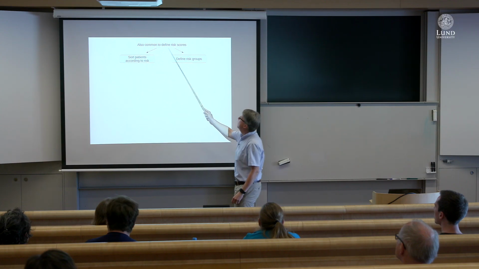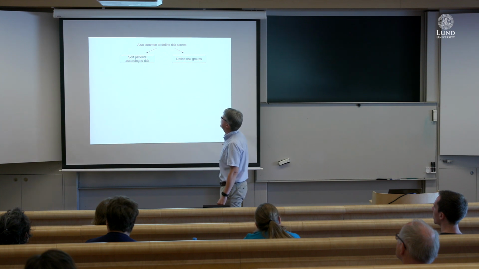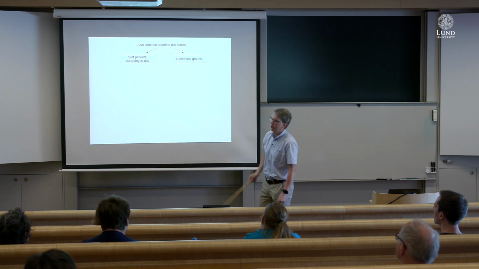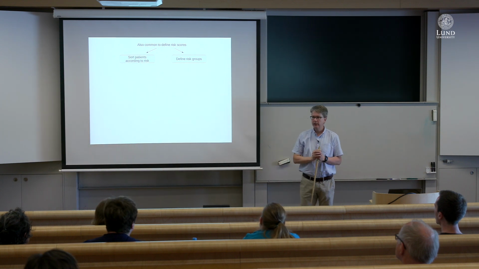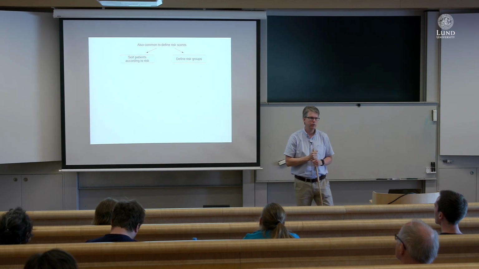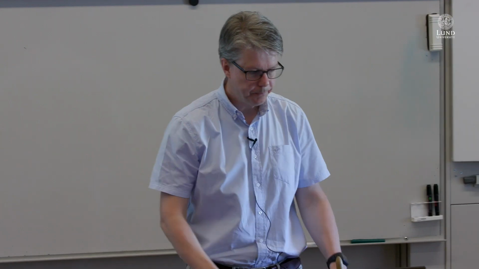So you do that a lot: sort patients according to risk. And sometimes if you can sort them well, you can also define risk groups. Let's say that I want to have a high risk group and a low risk group. That can also be important clinically.